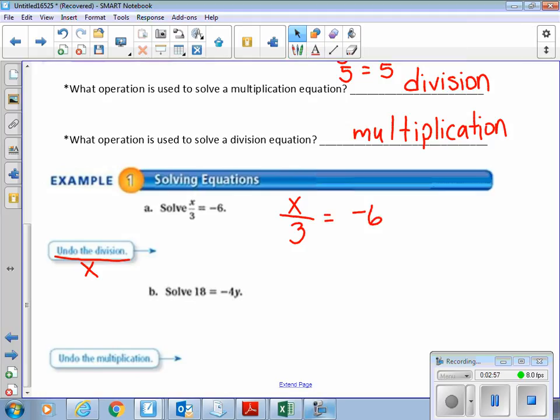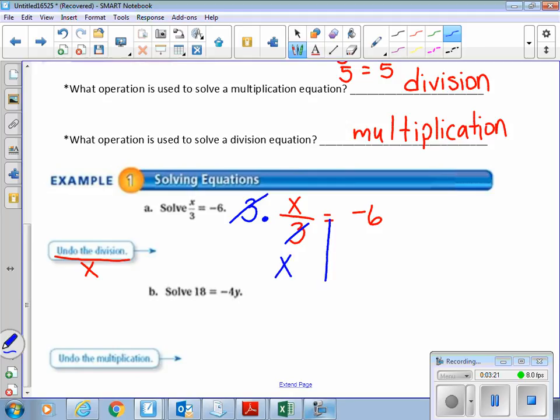So in order to get rid of that divide by 3, I need to undo it by using the inverse, which would be to multiply by 3. When I write it like that, I can see that these are across from each other, therefore they cancel out. They become 1, leaving you with x by itself, because 1 times x is simply x.